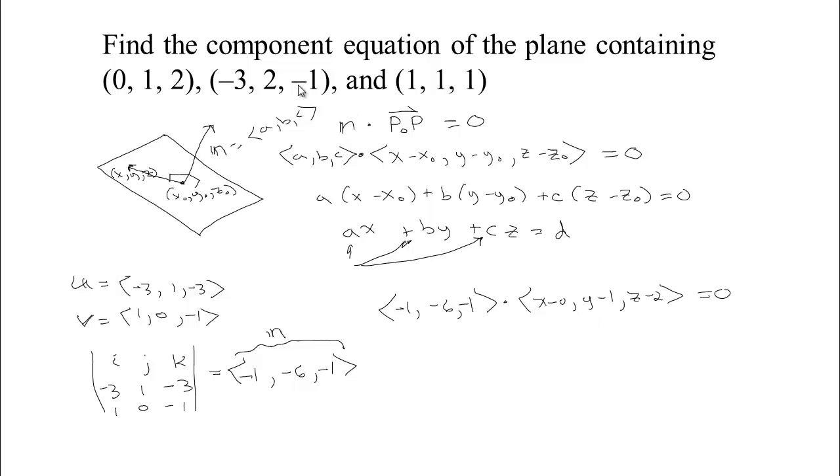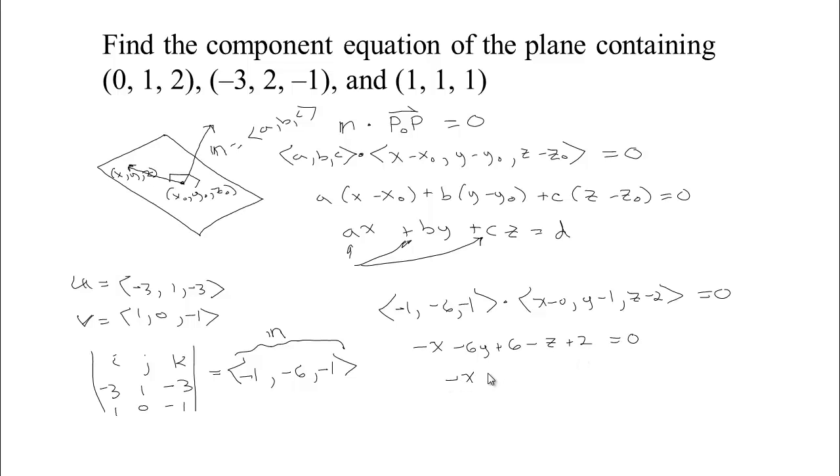Okay, if you used one of the other 2 points that you had, it would look different at this stage, but by the time you got it into this form, it would be essentially the same thing. So if we do the dot product, -1 times x is -x, -6 times y minus 1 would be -6y plus 6, and negative 1 times z minus 2 would give me negative z plus 2, equals 0.